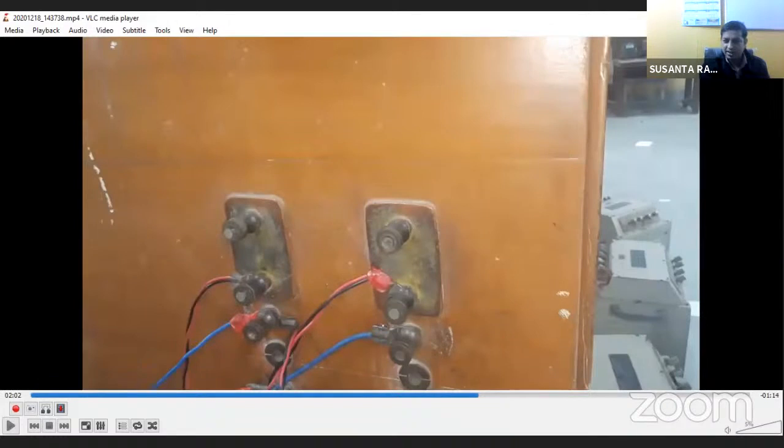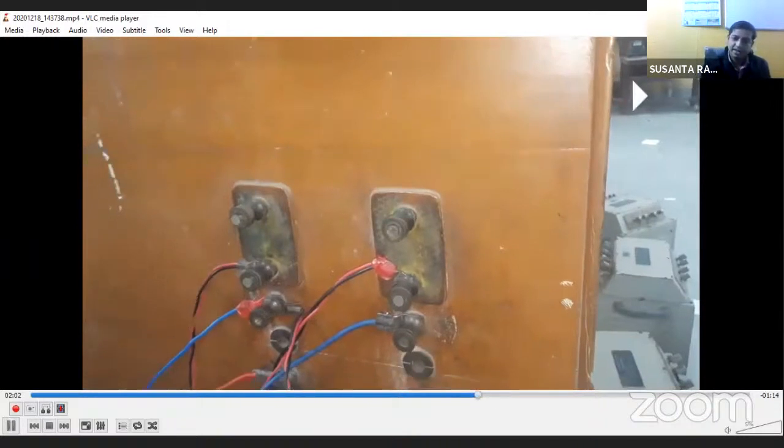Voltage should be connected in parallel, across. So therefore we are using the left line to connect the other terminal of the pressure coil, since one terminal is already shorted with the current coil. Is it clear?